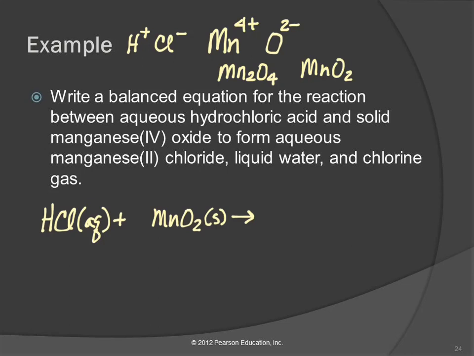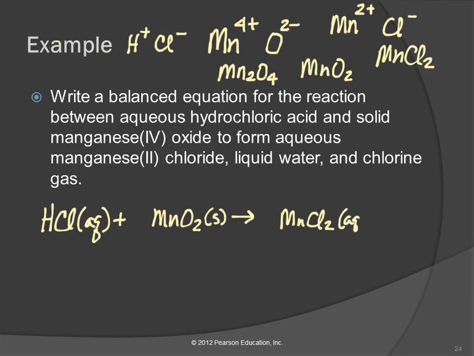manganese 2 chloride. So that's Mn2 plus with chloride, which is Cl minus. Crisscross is fine here, MnCl2. MnCl2 says that's aqueous. And liquid water, H2O, and chlorine gas.